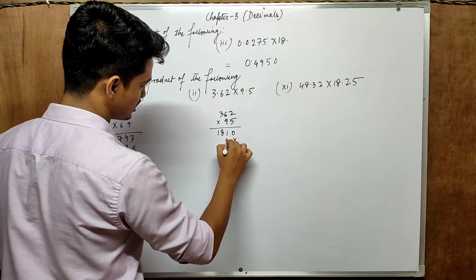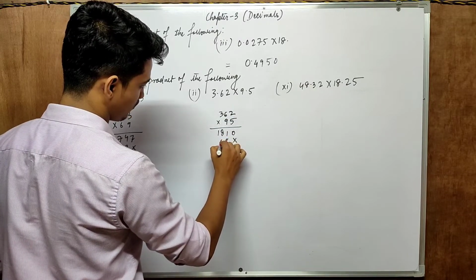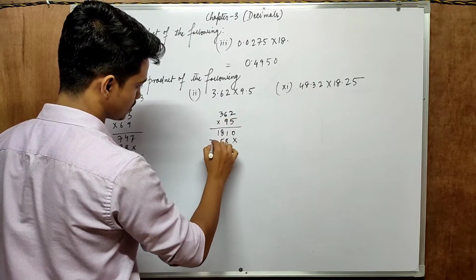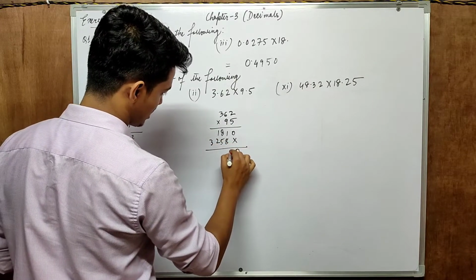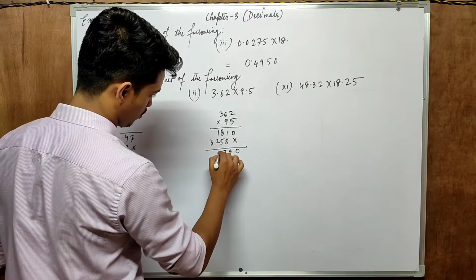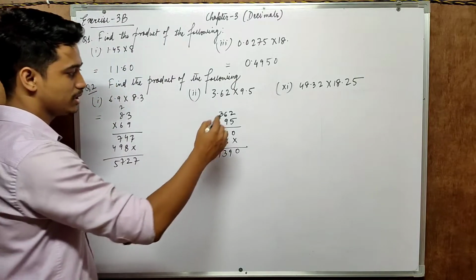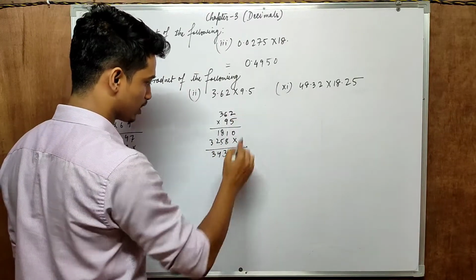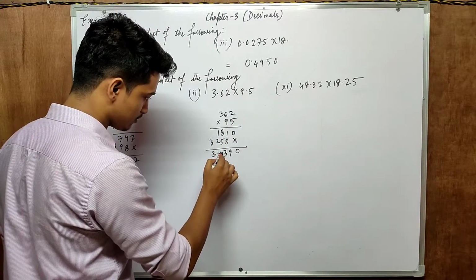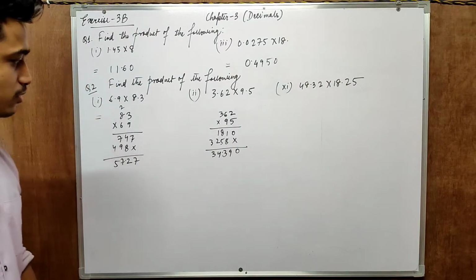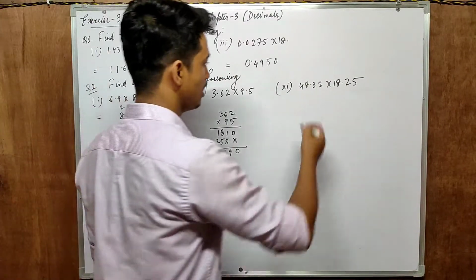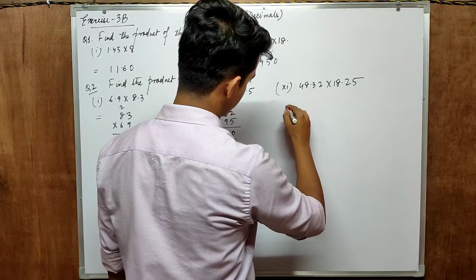And then 18, 1 carry, 54, 55, 5 carry, 27, 32. So 0, 9, 13, 1, 4 and then 3, right? So how many digits after the point? 1, 2 and 1. So 1, 2, 3. So that will be the answer, 34.390.